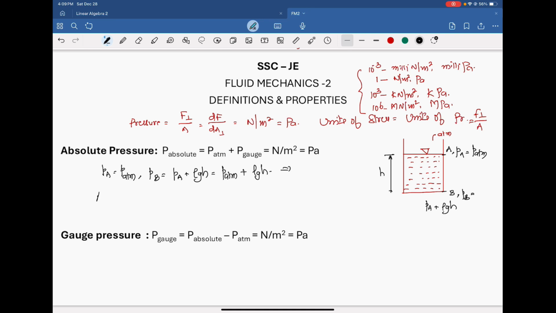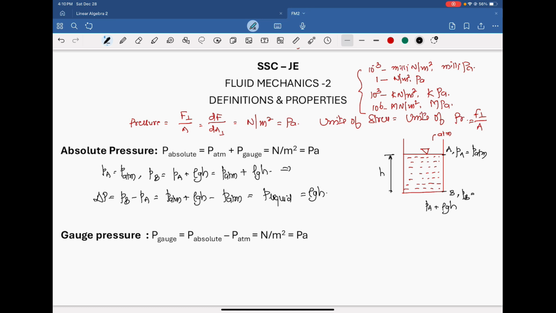Now delta P is equal to PB minus PA, that is equal to P atmosphere plus rho g h minus P atmosphere, that is equal to P liquid, that is equal to rho g h.